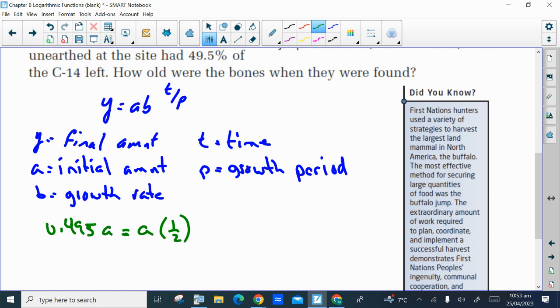We want to know how old the bones were, so we want to know what T is. Our growth period is 5,730 years, because that is how long it takes for the amount of carbon-14 to be cut in half. T is always the same unit as P, so our T will be years.